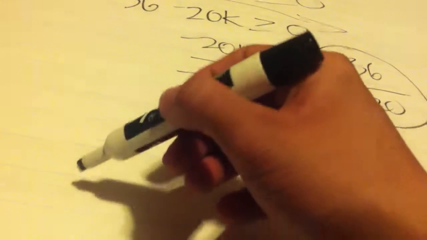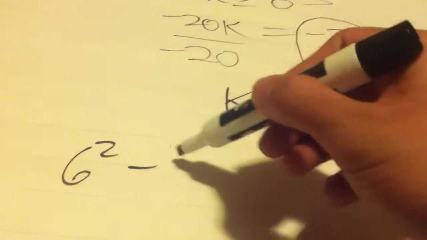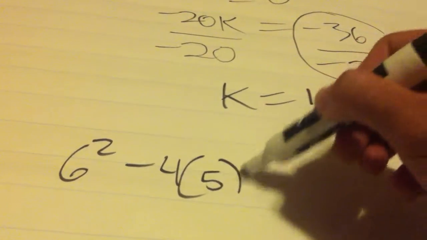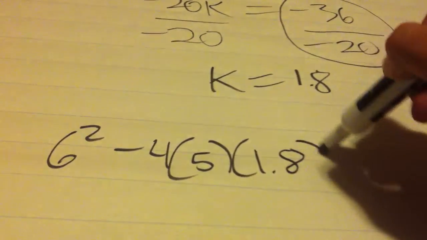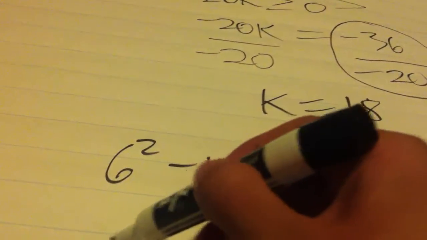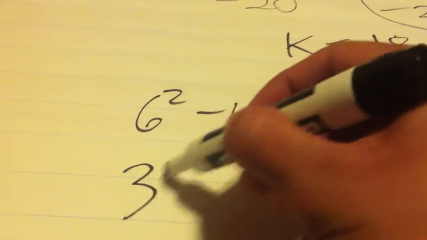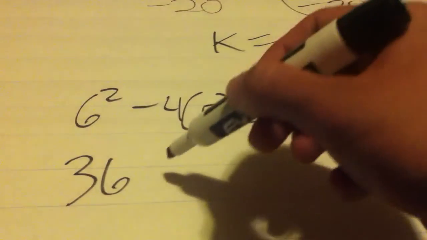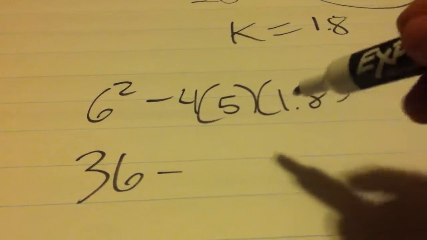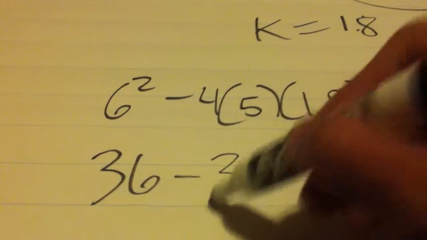So let's do this again. 6 squared minus 4 times 5 times 1.8, and we get this. It's 36 minus, when you get this calculation down, it's minus 36.